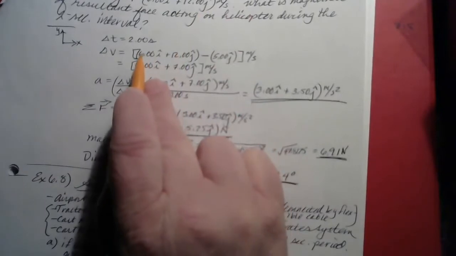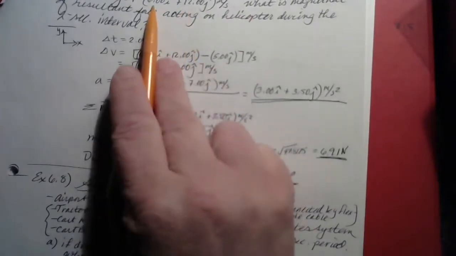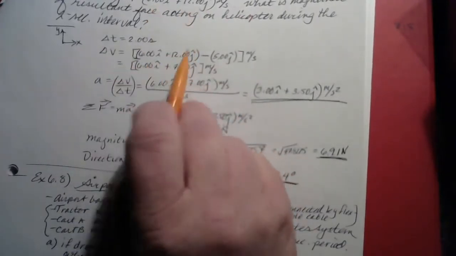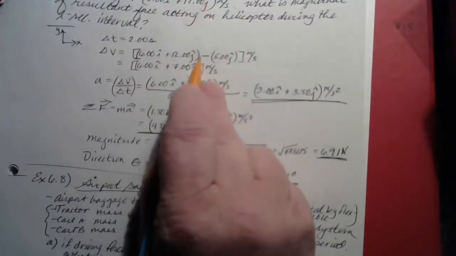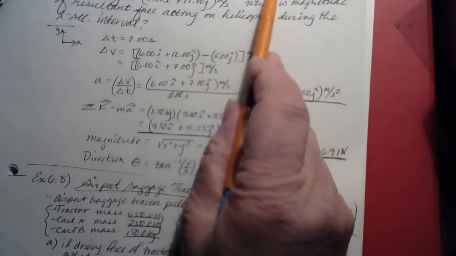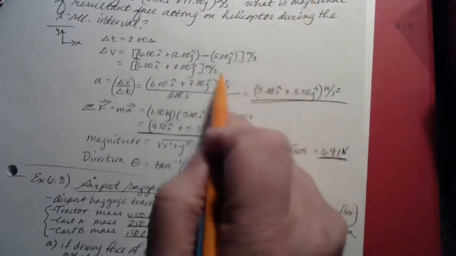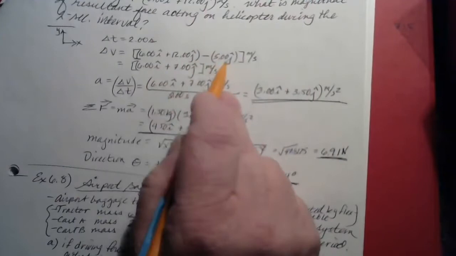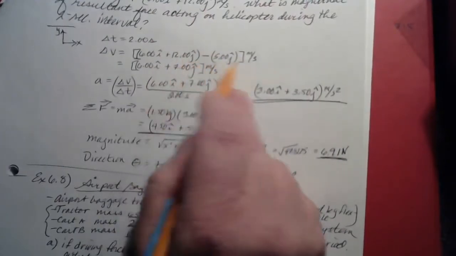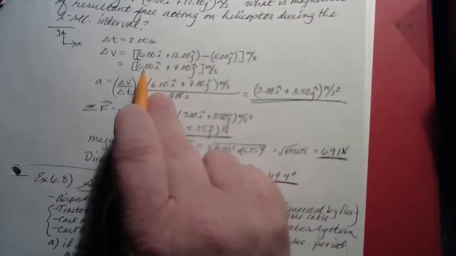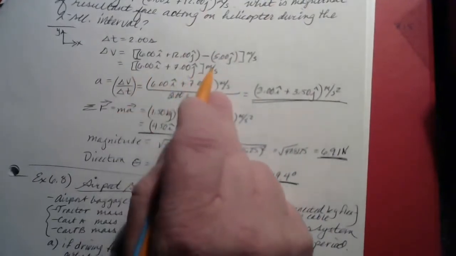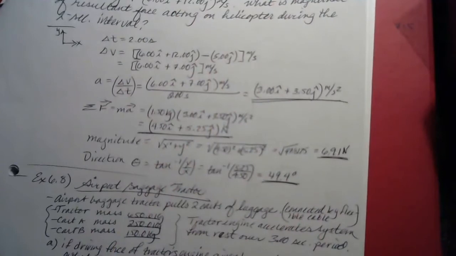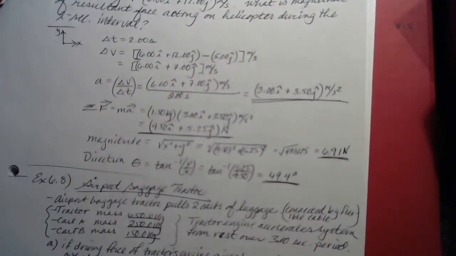For delta v, it's going to be the final velocity, 6i plus 12j, minus the original velocity, which is 5j. We pair up the j terms and subtract them, and so delta v ends up being 6i plus 7j meters per second.